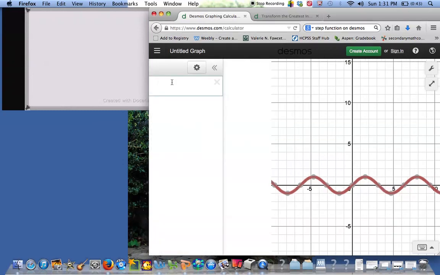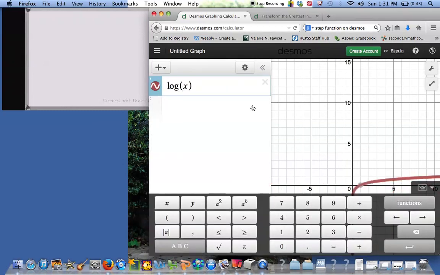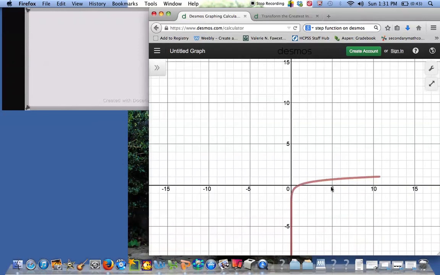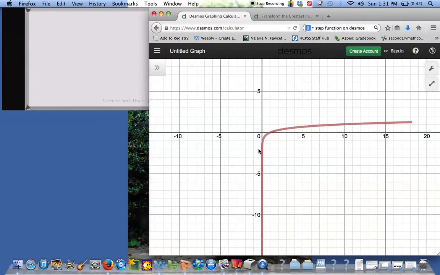Now, a graph like log of x is continuous, but not on all real numbers, because with logarithms you can never plug in 0. There's a vertical asymptote here, and you can never plug in any negative numbers. So if we were looking at a domain of all real numbers, this curve would be not continuous.